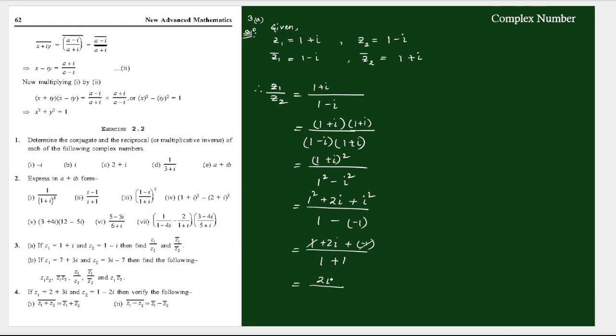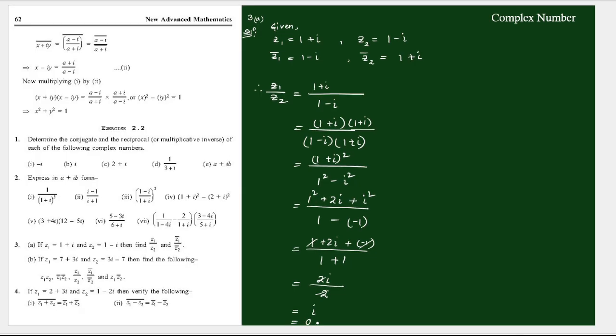So this is 2i over 1 plus 1 is 2, the 2 cancels, and this is i. If you want to write in a plus ib form, it will be 0 plus i into 1.